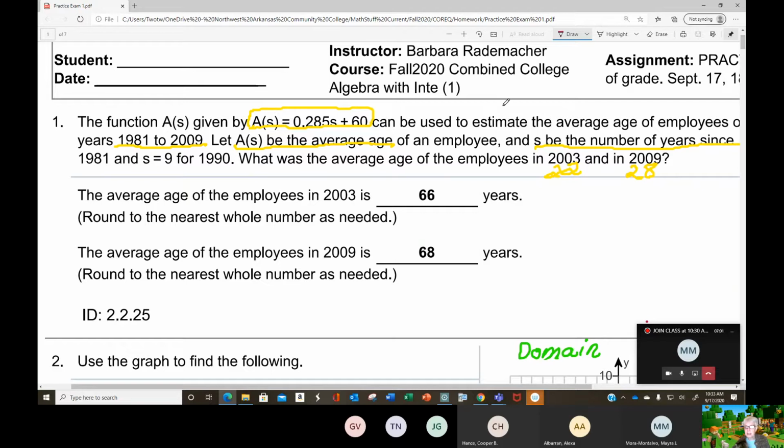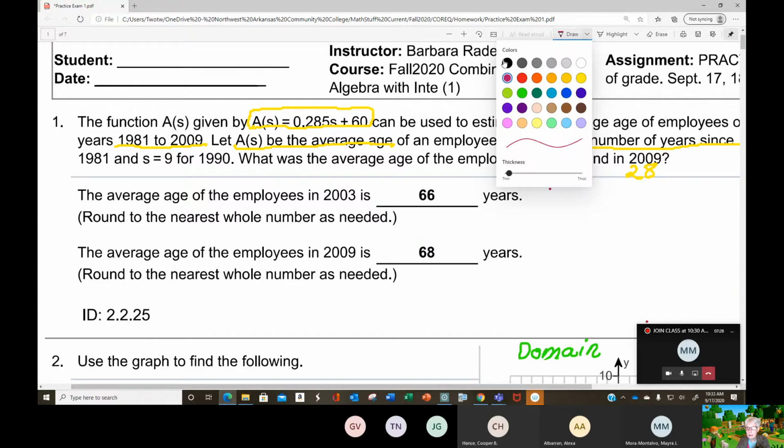While this seems like it's going to be hard, the only hard thing is to figure out what the years 2003 and 2009 would be, looking at years after 1981. 2003 is year 22, which I've written in yellow, and some of you might not be able to see that, so let me rewrite it in black.